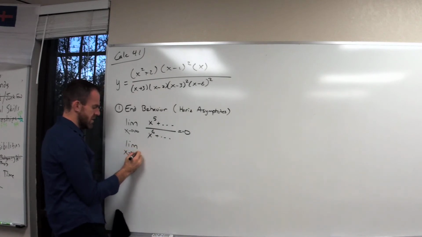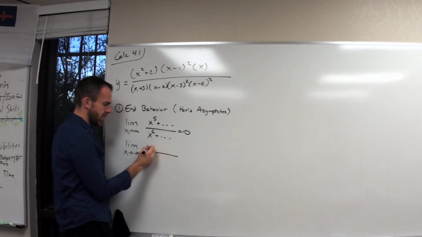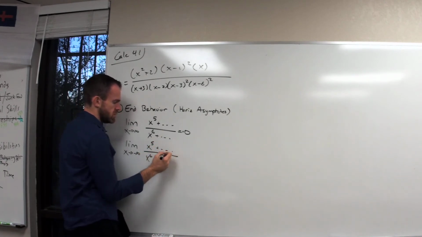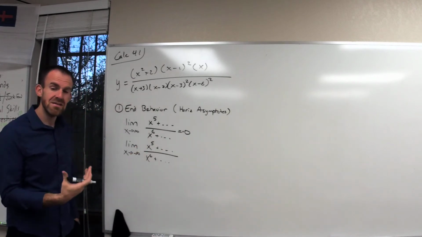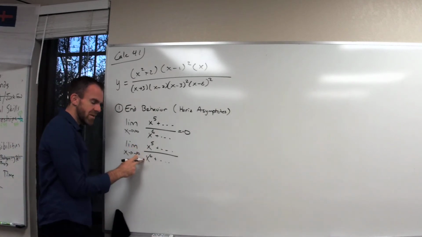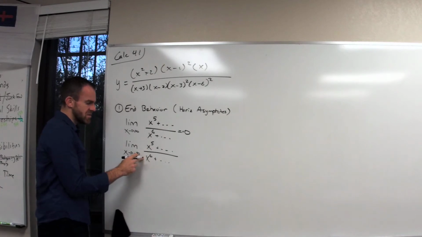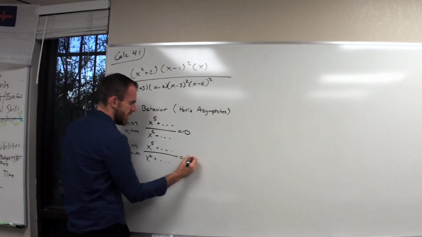If I plug in a positive number, this is going to give me a positive number out. Similarly, if I take the limit at negative infinity, a negative number plugged into x to the fifth is going to give me a negative. Here it's going to give me a positive. This one's going to be bigger, so it's going to be negative 0.